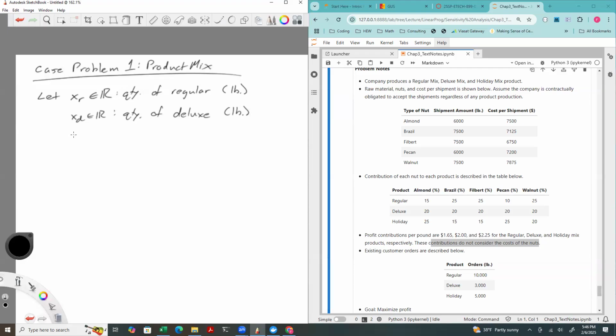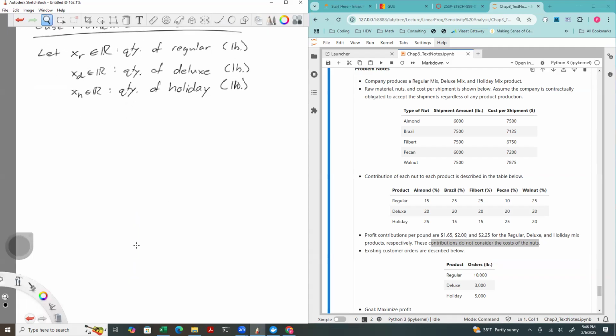Again, in pounds. And similarly with holiday. As well there. X of R, X of D, and X of H.